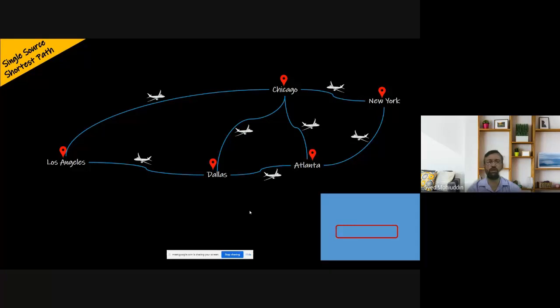For example, New York is not directly connected to Los Angeles. This is actually a graph, and in a graph, vertices will somehow be connected with a direct path or an indirect path.